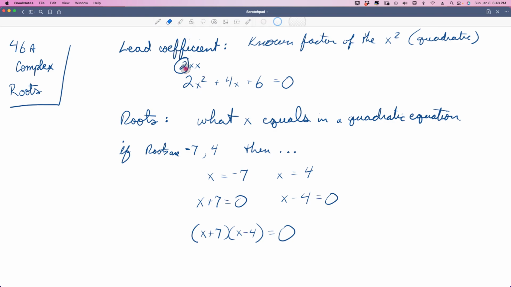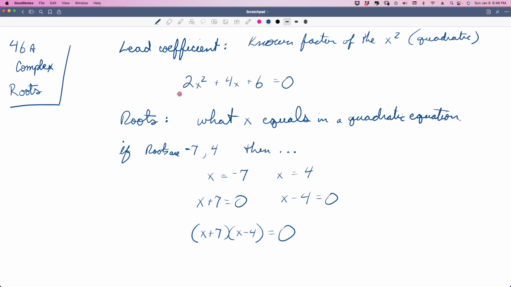Now that's important to know because that is the one that we're going to use to divide with in the coming problems. We don't want to try to figure out what we need to multiply the lead coefficient by in order to factor. We want to simplify as much as possible, and to do that, we just want to say x times x to get x squared.